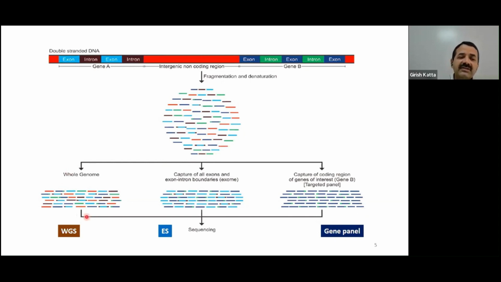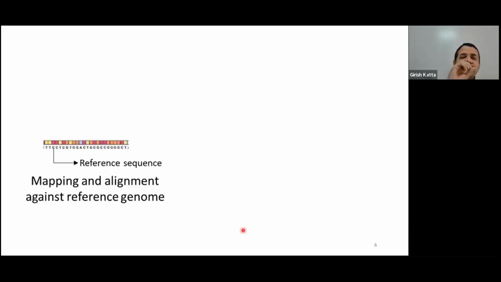Whole genome sequencing means you sequence everything, both protein coding genes and non-protein coding areas of the genome. So this is just to give you an idea of what is whole genome sequencing, exome sequencing, and gene panel. Once we sequence, there are several methods.